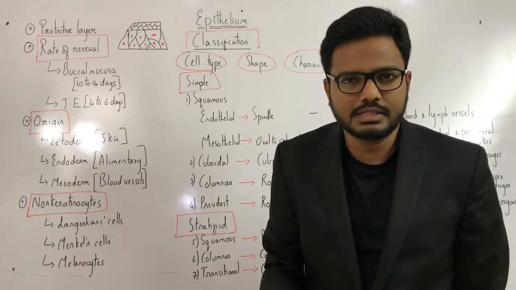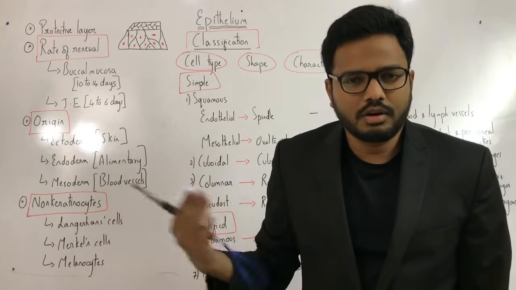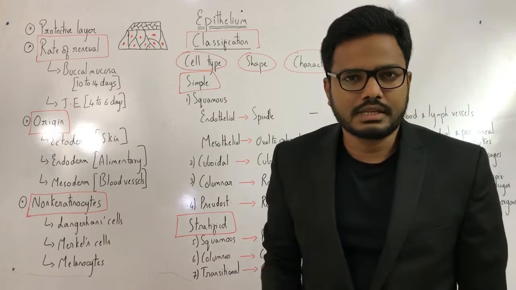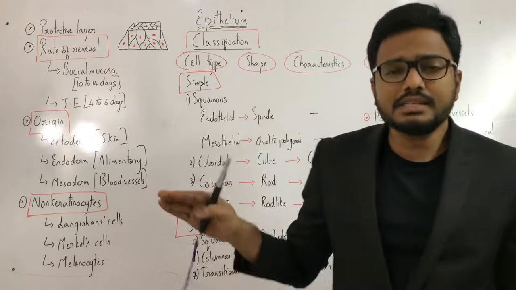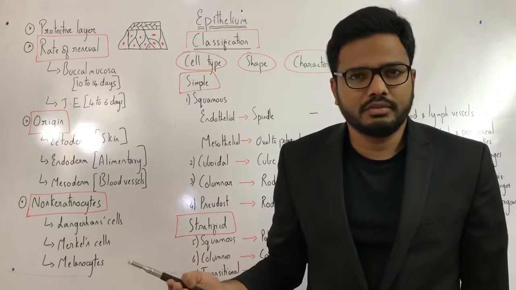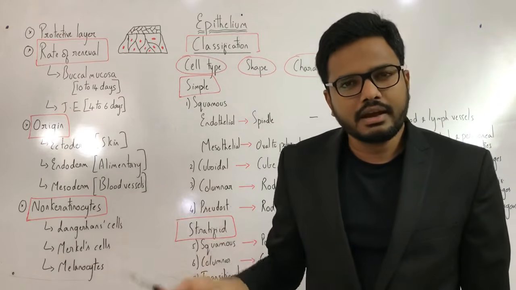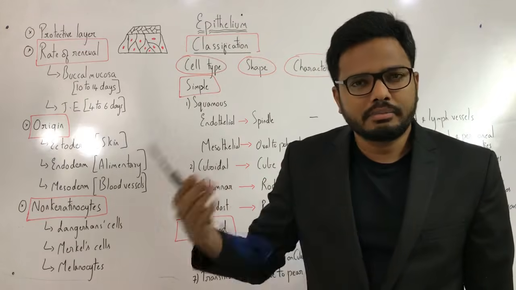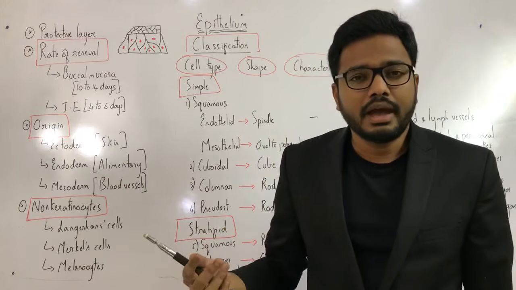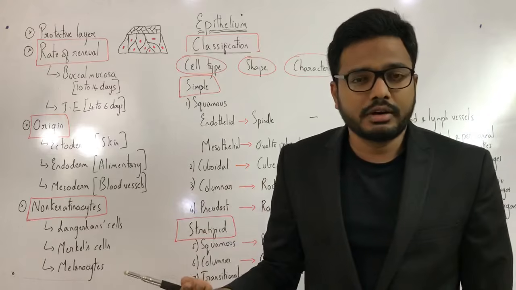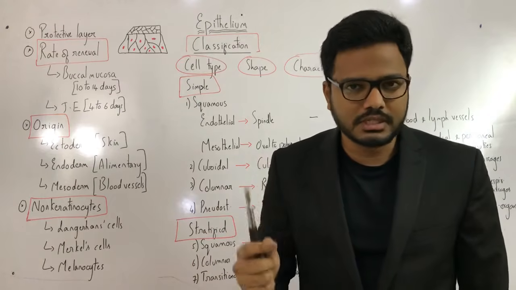I'm not asking you these questions, but since you are already familiar with all these things, right? The basal layer is very much active, where active division of cells do take place. In fact, the entire epithelial layers get replenished, they get renewed with time, and the rate of renewal depends upon the location of epithelium, which is very, very important.